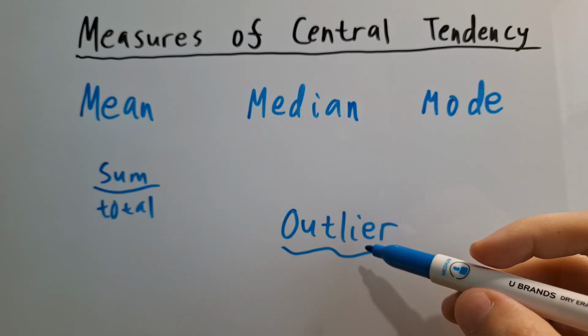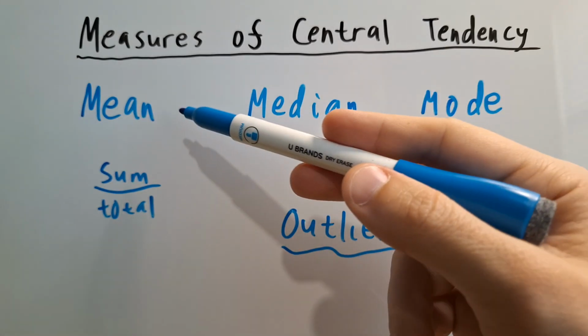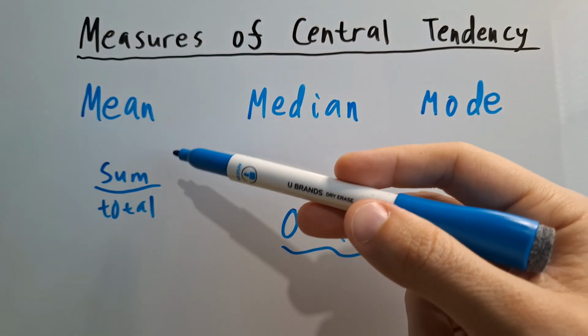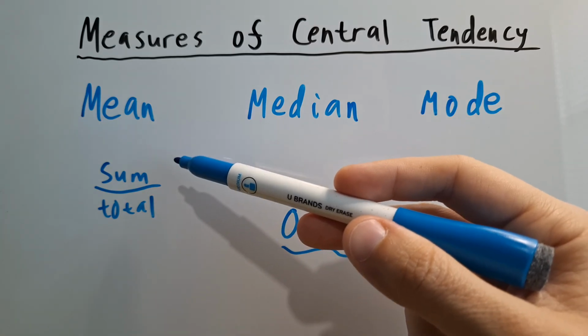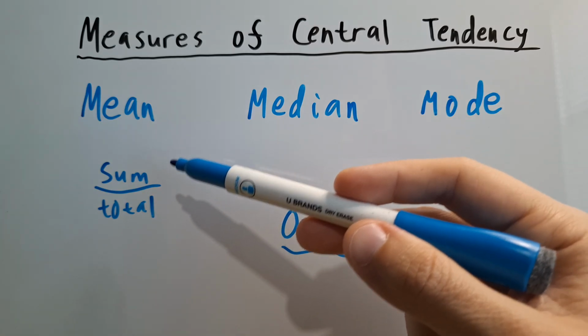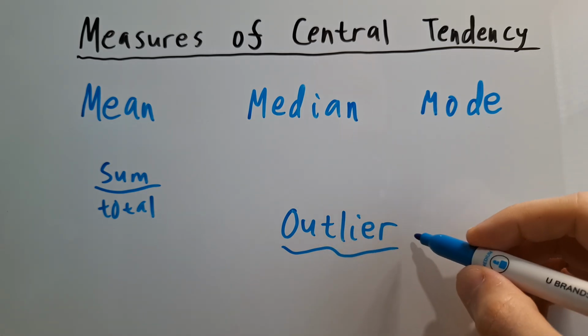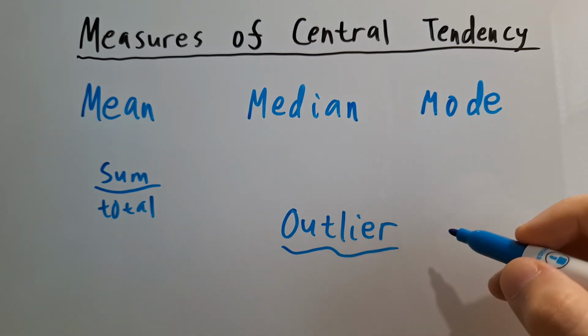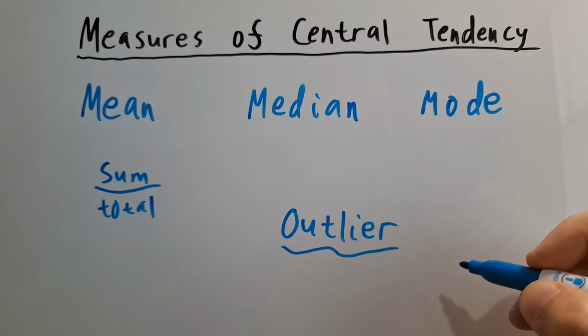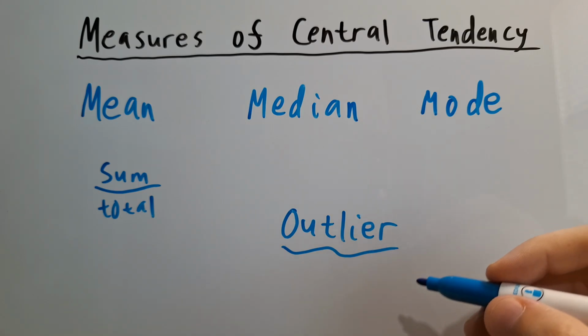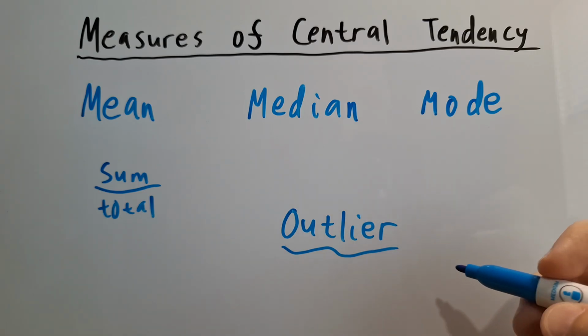An outlier. Now, first of all, we can use the mean to describe the middle of a set of data that does not have an outlier. But what is an outlier? An outlier is a data value that is much higher or lower than the other data values in the set.